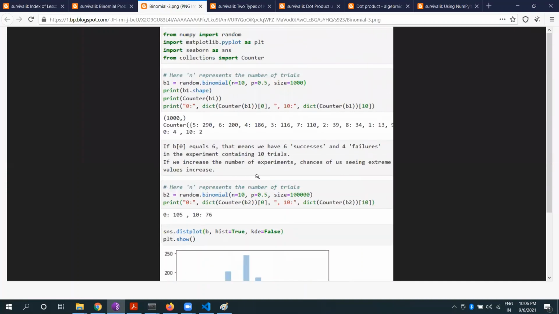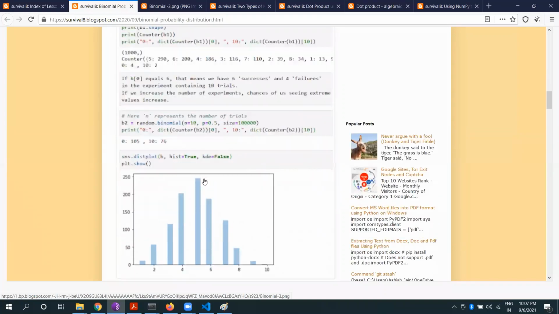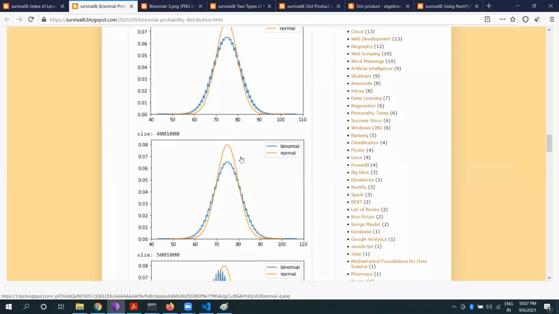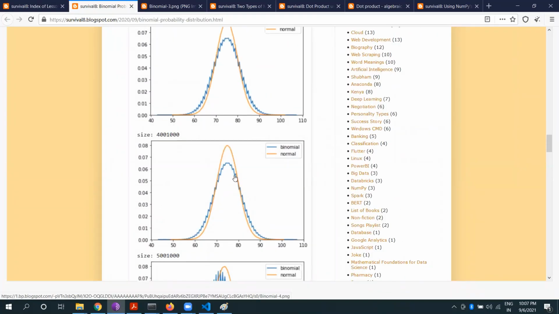This is related to random and shuffle in this sense that you can get random packages, not just about getting random integers or shuffling. It has other use cases such as getting the distribution. Over here we are seeing binomial, and over here this orange is normal and this blue is binomial.